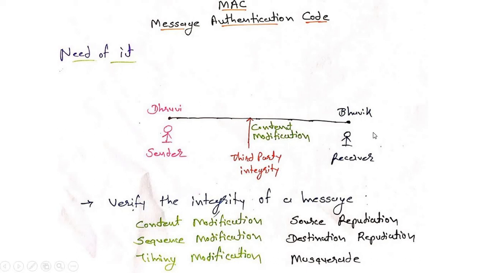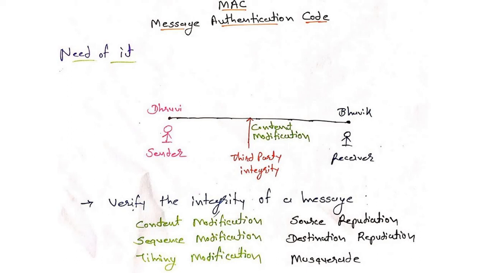So whenever Bhavik receives the packets out of order, that is a modified sequence of the message, and Bhavik will not be able to interpret the original message. Like when you are writing a paragraph in a Word file, suppose we change the sequence of all the lines. Suppose there is a 10-line paragraph and we modify the sequence of all the lines.